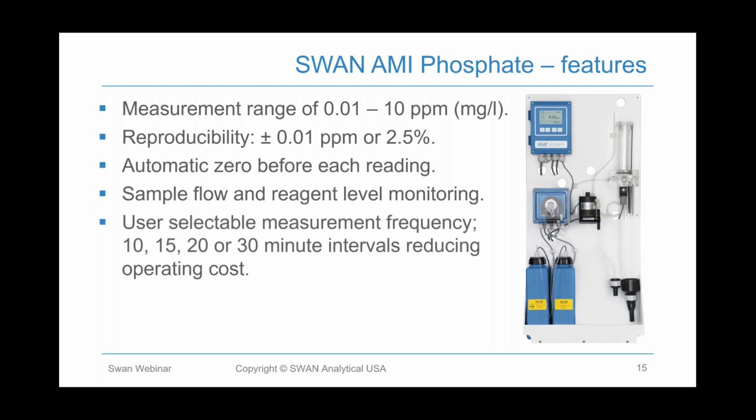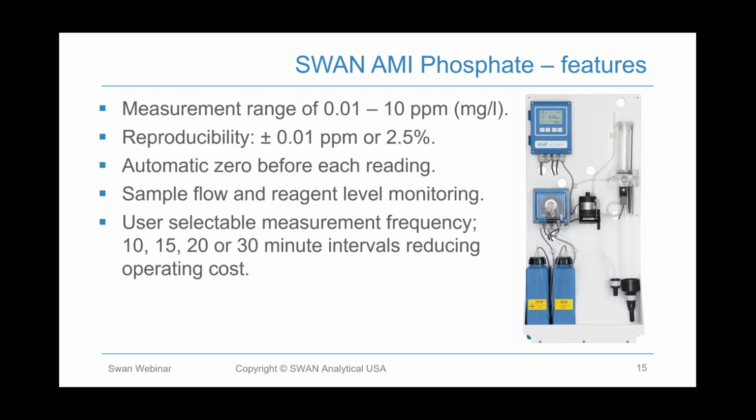We can have a user selectable measurement frequency, so this instrument doesn't have to run wide open all the time. Frankly, if we've got a big tank that we're monitoring phosphate levels of, do we really need to know what the phosphate is every 5 or 10 minutes? Probably not. The phosphate level in that tank is probably not going to change that quickly.